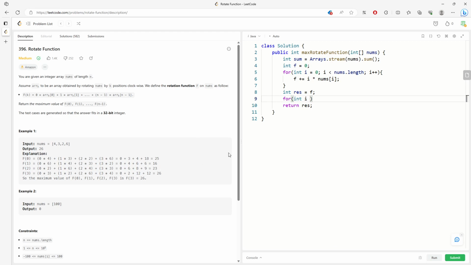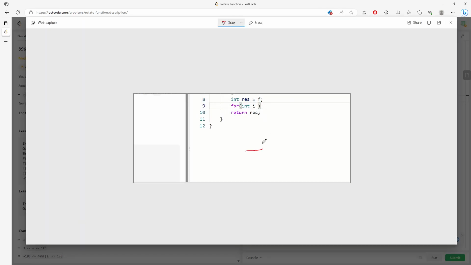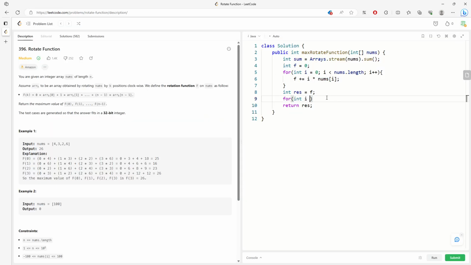But since f of 1 minus f of 0 is equal to sum minus 4D, and D is the last element in the nums array, we need to start from the last all the way to I equal to 1. We don't need to traverse I equal to 0, because we already calculated f of 0, so we don't need to calculate it again. If you want, you can do it, but I'm not doing this.